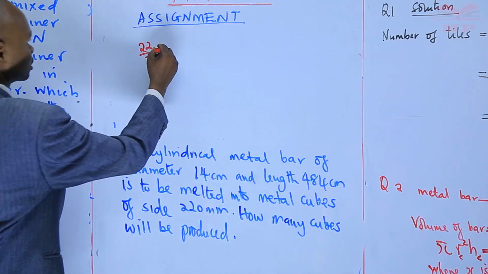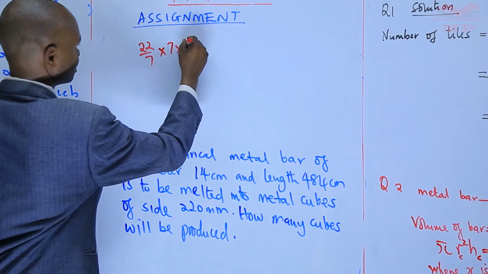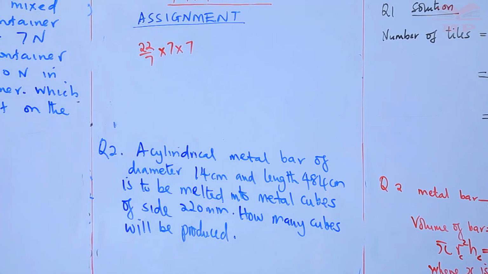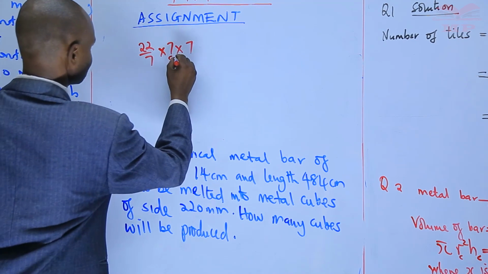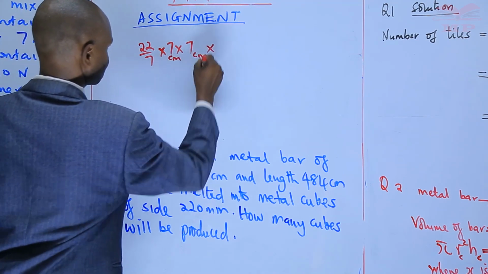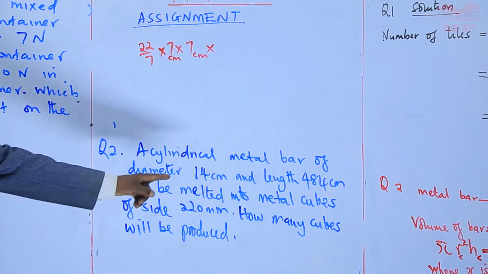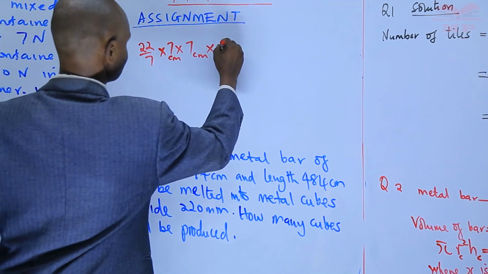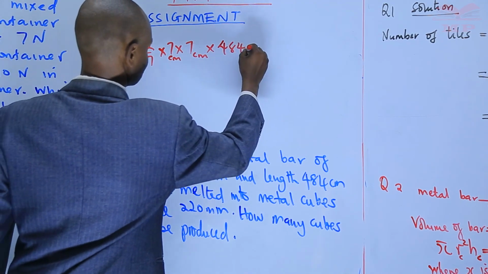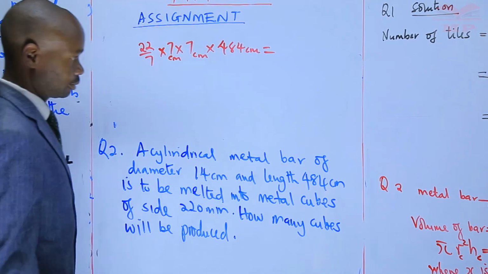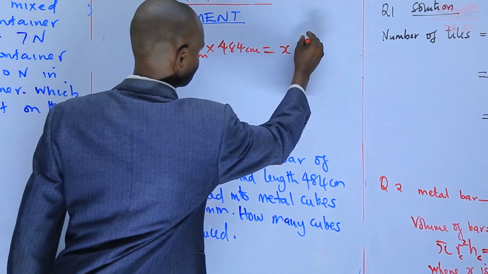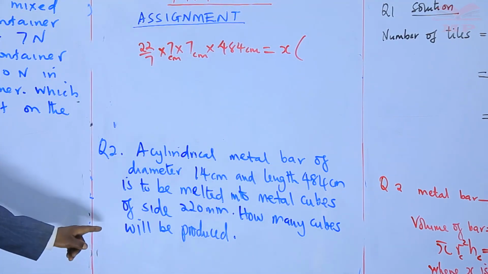So we have 22 over 7 times 7 times 7 centimeters. The height is given as 484, which should be equal to X into brackets.